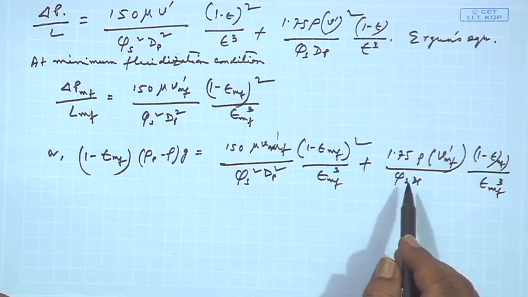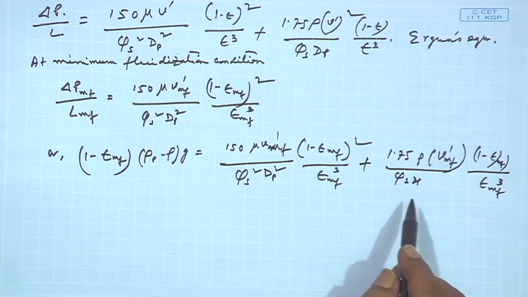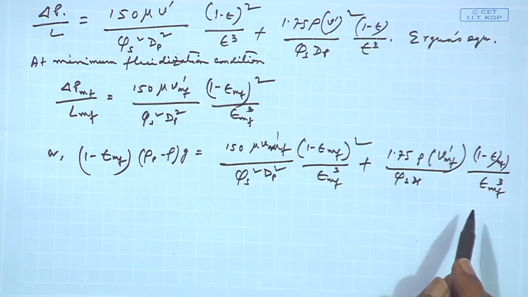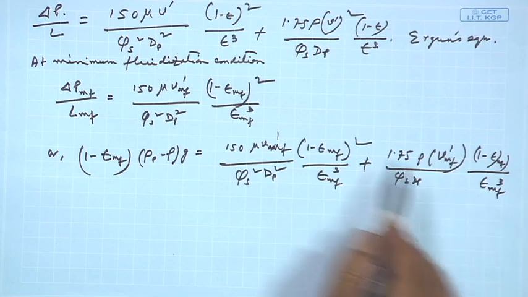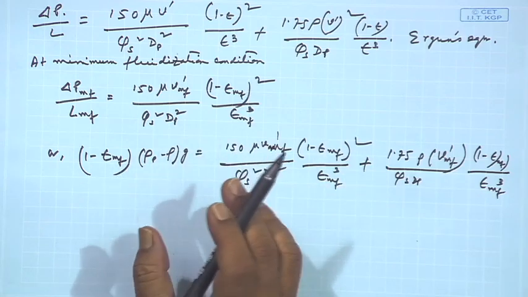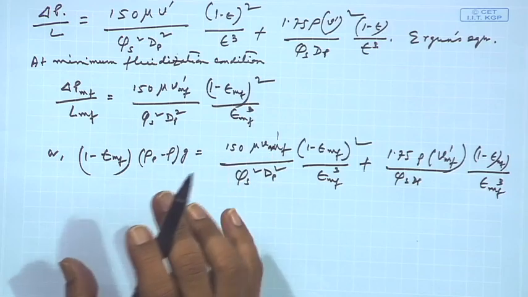So, 1.75 into rho V_mf prime by phi_s d_p into (1 minus epsilon_mf) by epsilon_mf cubed, right. So, this is the Ergun's equation as required by you.